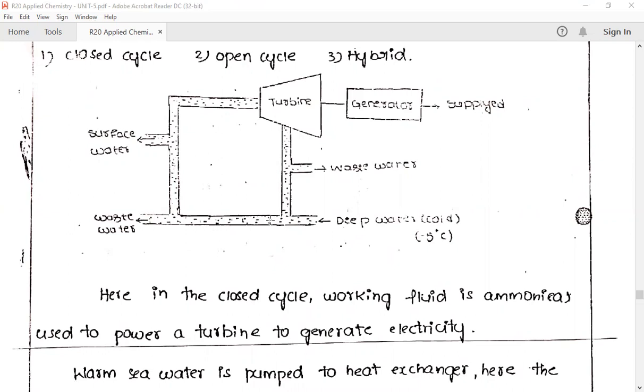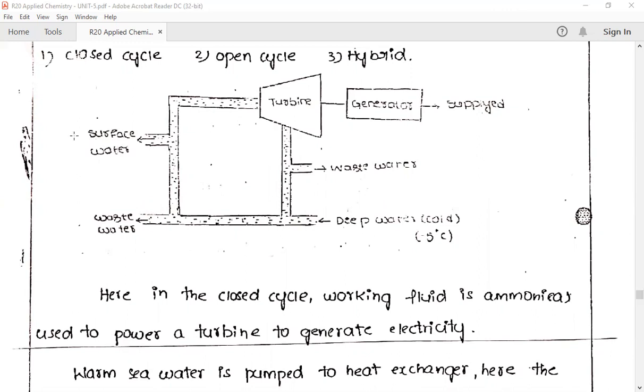Warm surface water is pumped through the heat exchanger. This surface water enters into the evaporator.